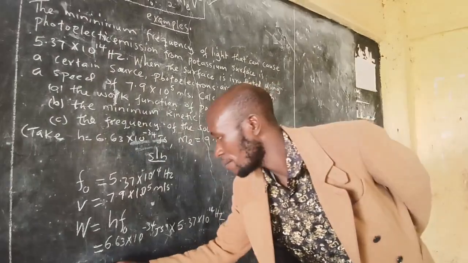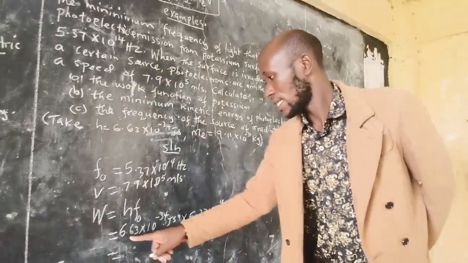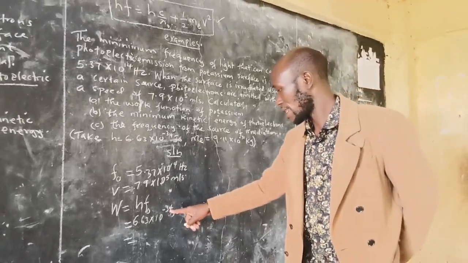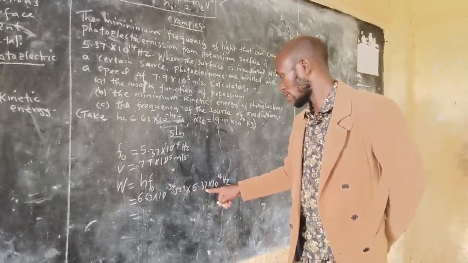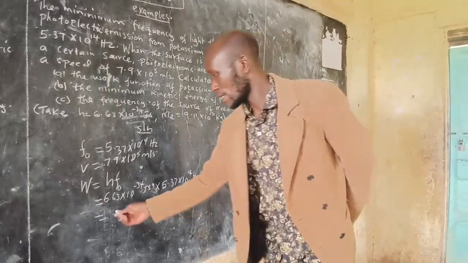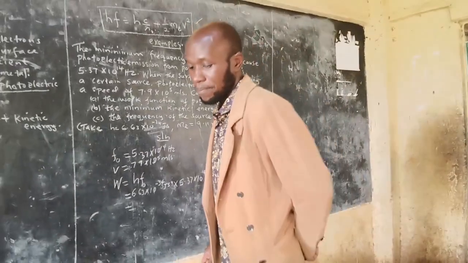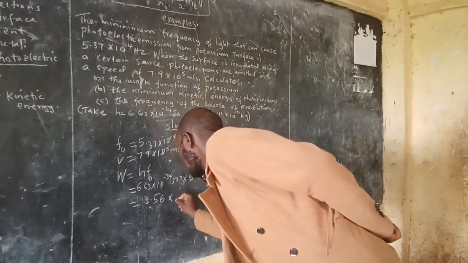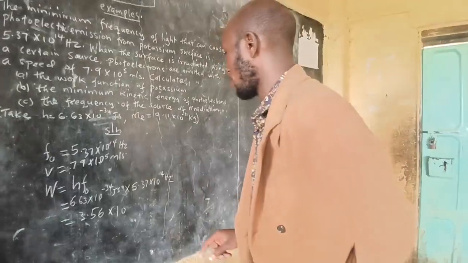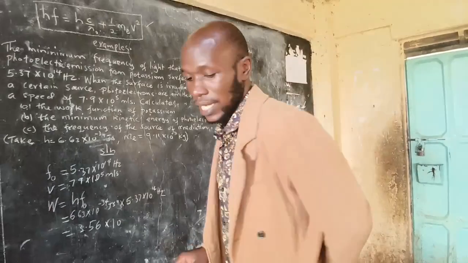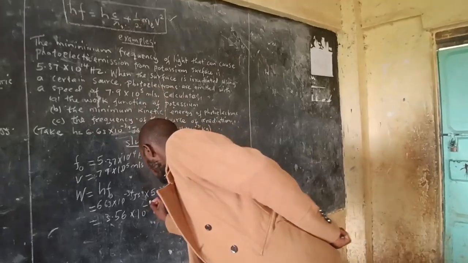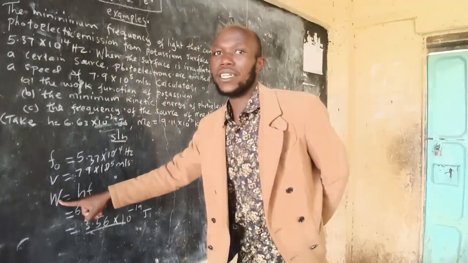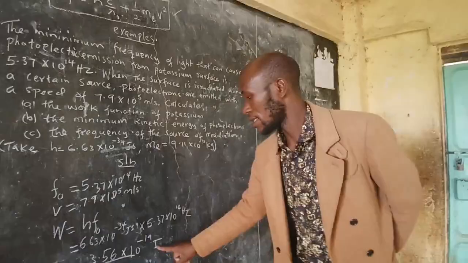If you compute this, 6.63 times 10 raised to power negative 34 joule second times 5.37 times 10 raised to power 14 gives you 3.56 times 10 raised to power negative 19 joules. Remember, work function is measured in joules.